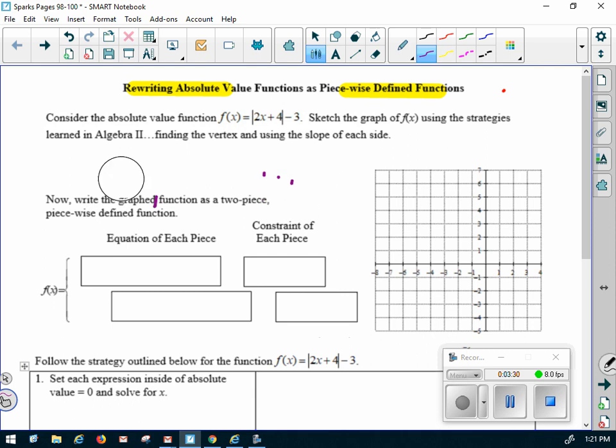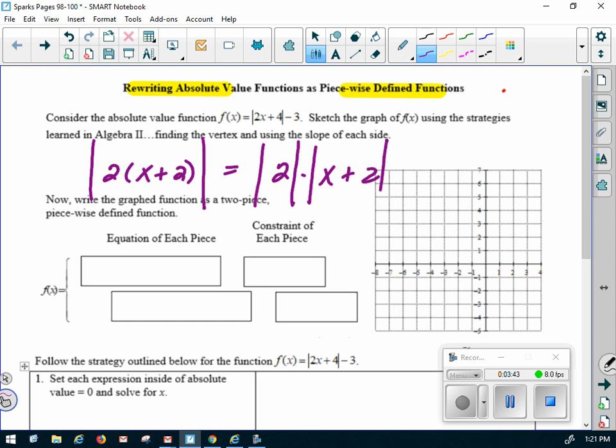Now, if I give you this, then that should be the same as, you buy that? Those are the same as well. But that means this is 2 times the absolute value of x plus 2. Yes, no, maybe.